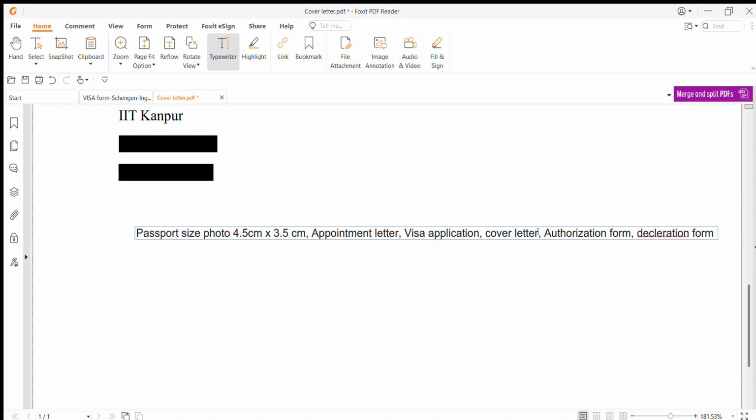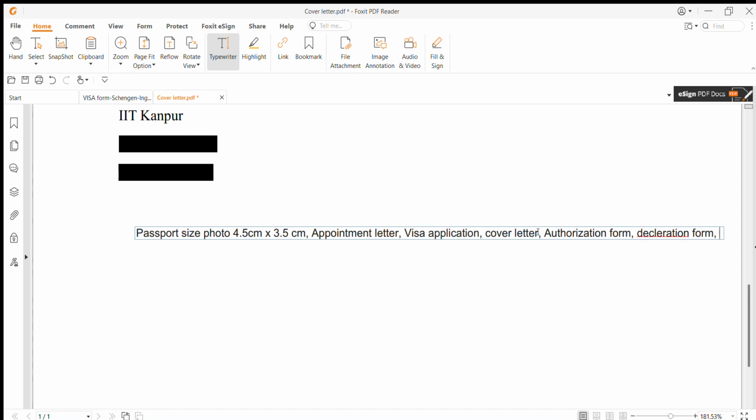These two forms were returned to me by the person who was verifying my documents. So technically I did not submit them, but I had them, so you can just take them in case. Some of the rules keep changing. Maybe by the time you apply, they will need this declaration form. What else? And the cover letter I told you.